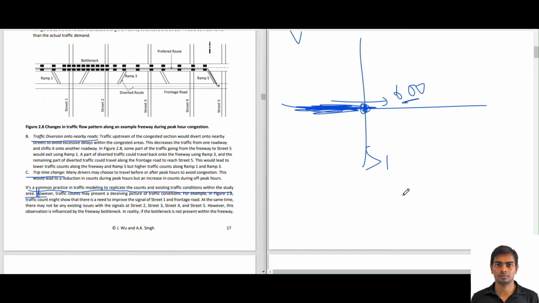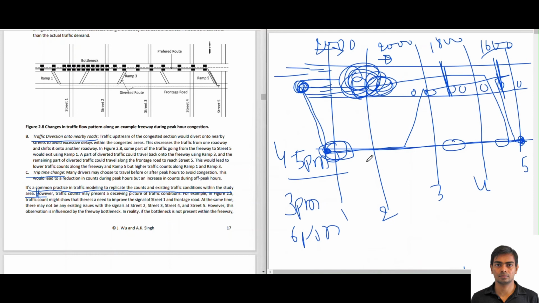Now the existing conditions we have collected in the field using traffic counts might be distorted already. So when we build a simulation to match a distorted reality, our simulation is distorted as well. And then once we work with a distorted simulation and try to make improvements, we will end up with distorted results.